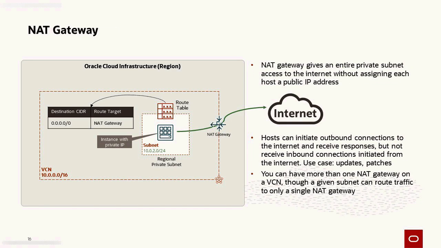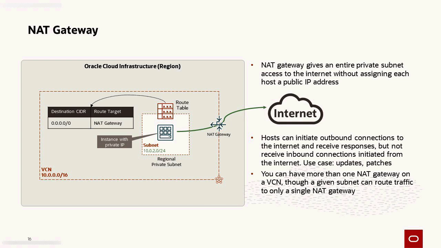The NAT gateways, on the other hand, only enable outbound connections to the private subnets, like performing patches or upgrades, or when resources just need general internet outbound connectivity. A NAT gateway is added to give instances in a private subnet access to the internet.